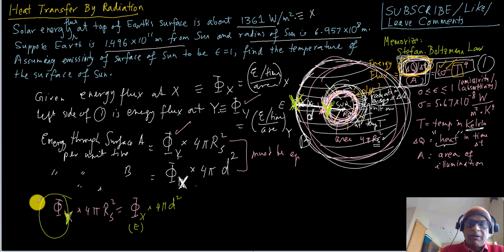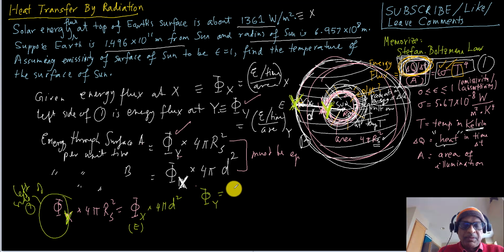That's the left side of equation 1. So I can solve this, and so phi y is equal to d over Rs squared times phi at x.